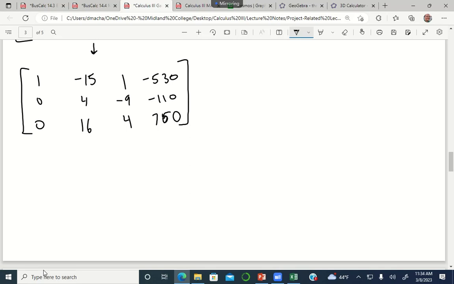Well, no, that doesn't work, because that'll ruin my first column if I do that. What if we divide the last row by 4? Can you divide like a row within a row? No, you can't divide row by row. Yeah, so you can divide by a scalar. Trying to think if I've got any.